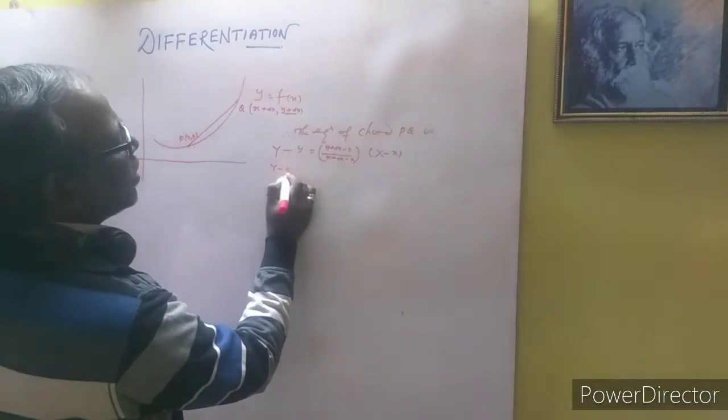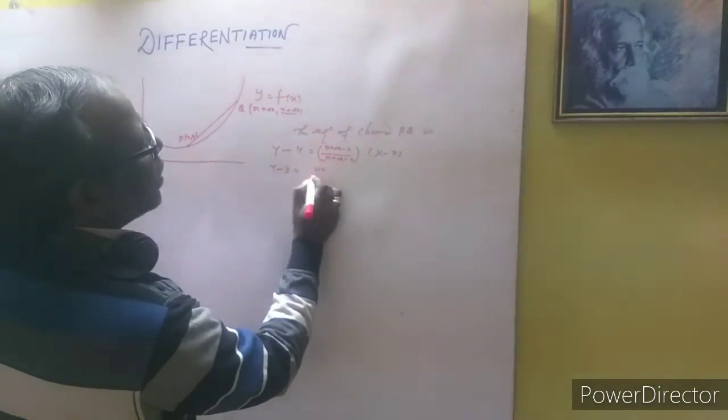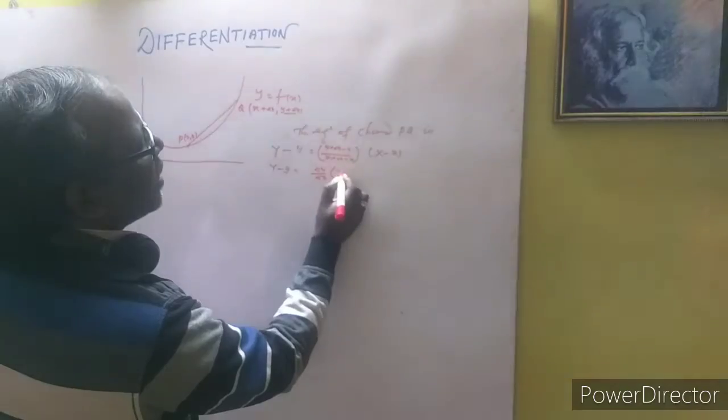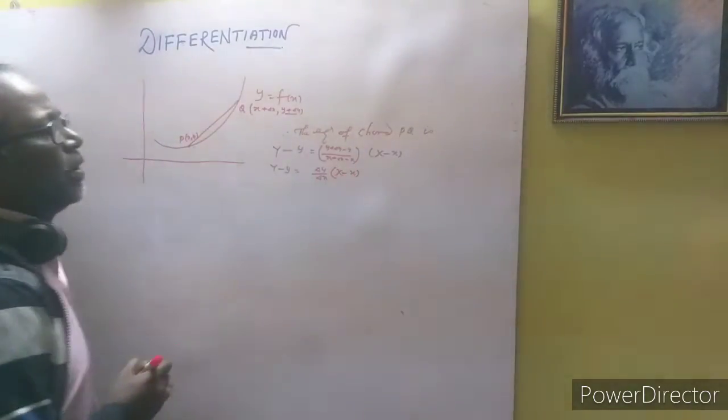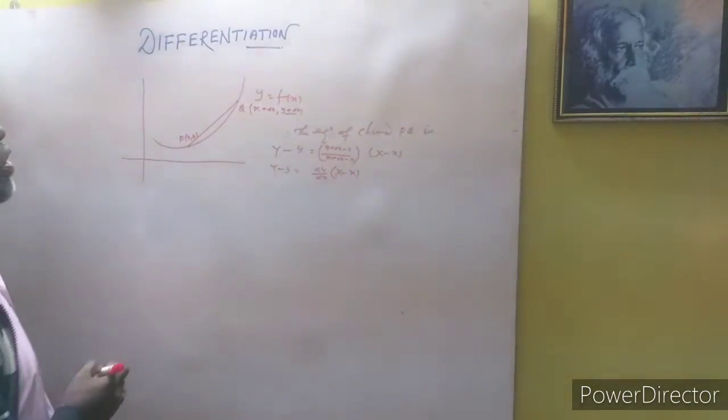So y minus y1 is equal to del y by del x times x minus x1. This is the equation of the chord.